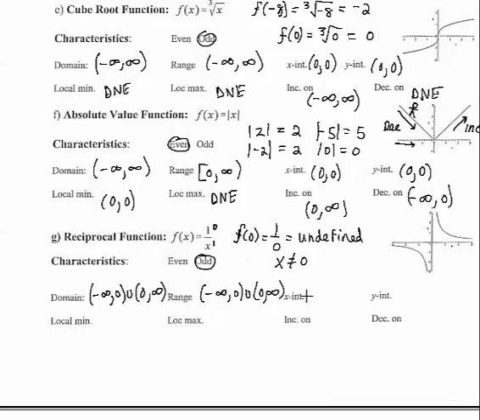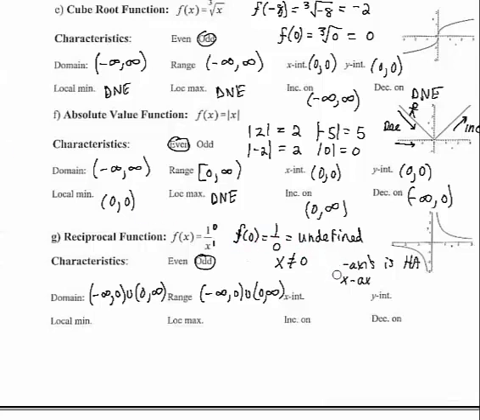X and y intercept. The y-axis is the horizontal asymptote, and the x-axis, oh, I've got those backwards. The x-axis is the horizontal asymptote and the y-axis is the vertical asymptote. Let me just erase this.